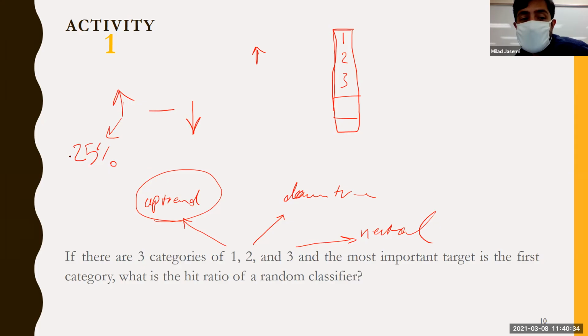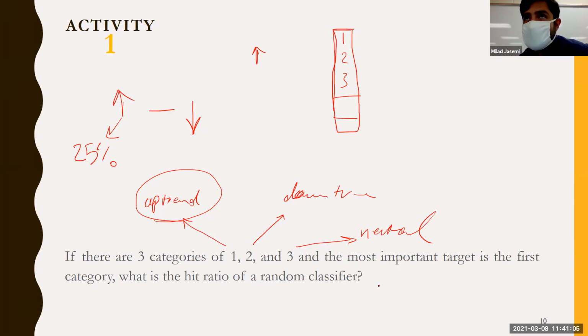So if it is over the hit ratio of a random classifier, it means that you have created some sort of wisdom in your model. Otherwise, you need to work on that. And it gives you so much fun if you are interested in the field and you are trying to figure out something. And if you are interested, again, you can book some office hours and we can discuss it together.